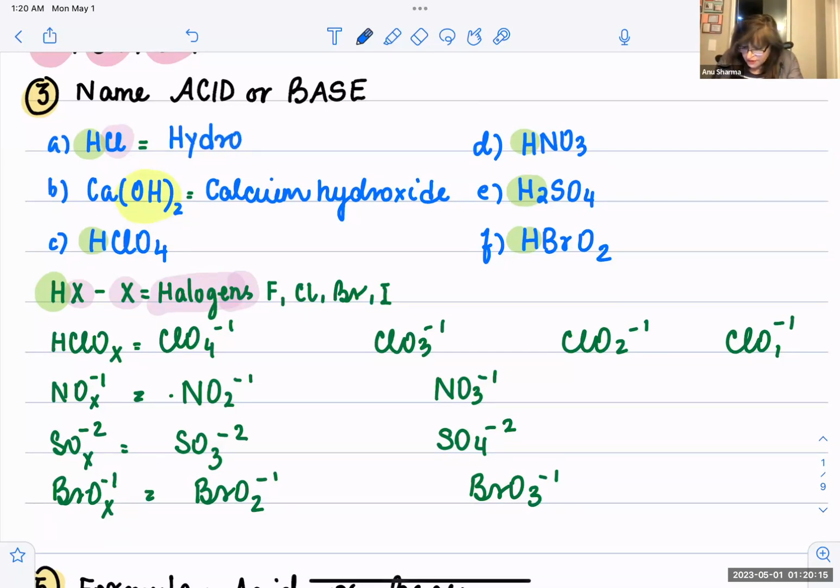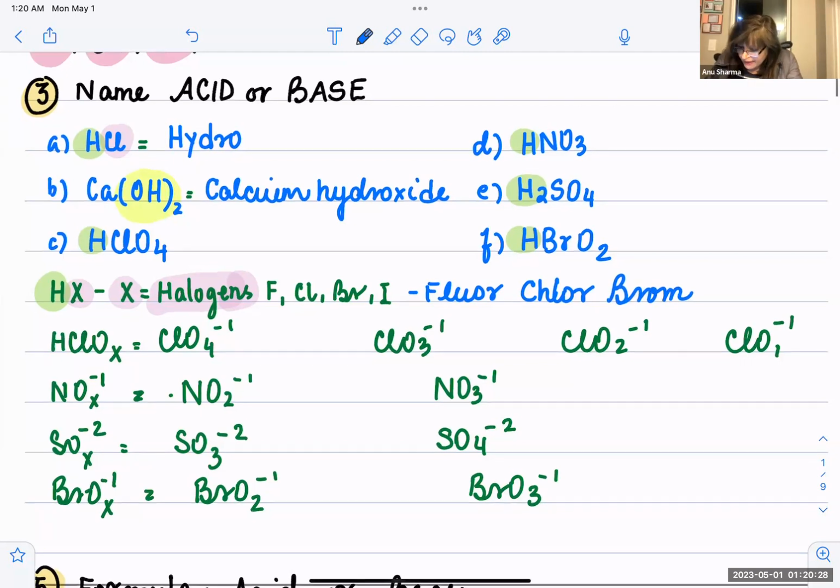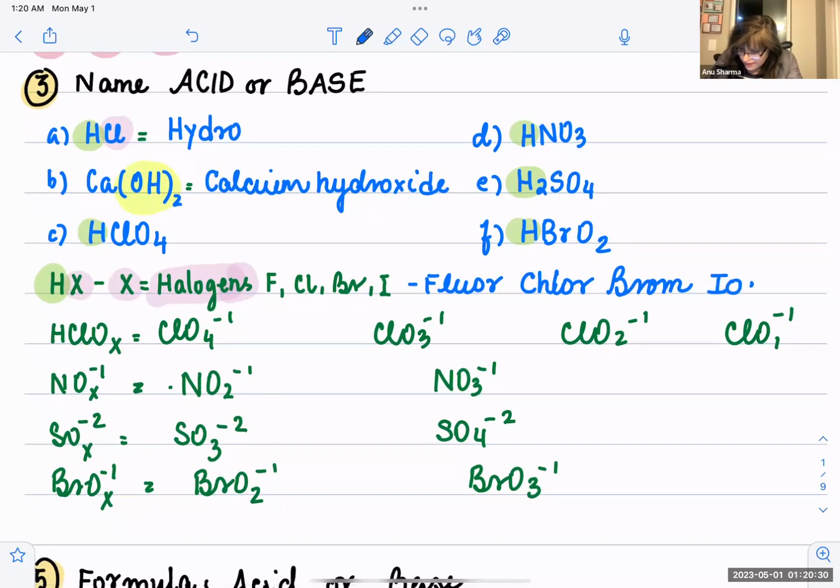The nonmetal fluorine will become FLUOR, chlorine becomes CHLOR, bromine becomes BROM, and iodine becomes IOD.